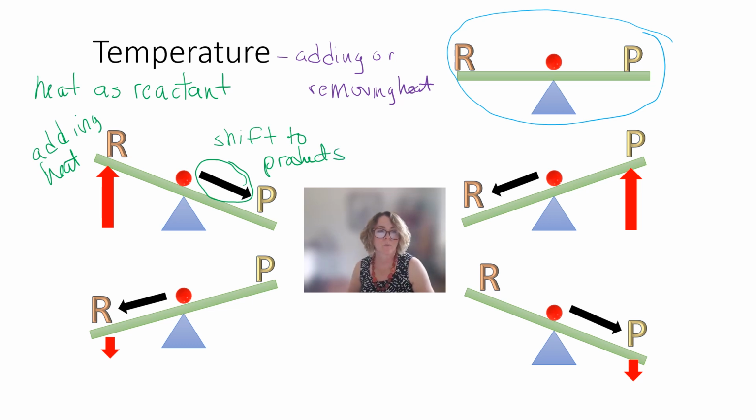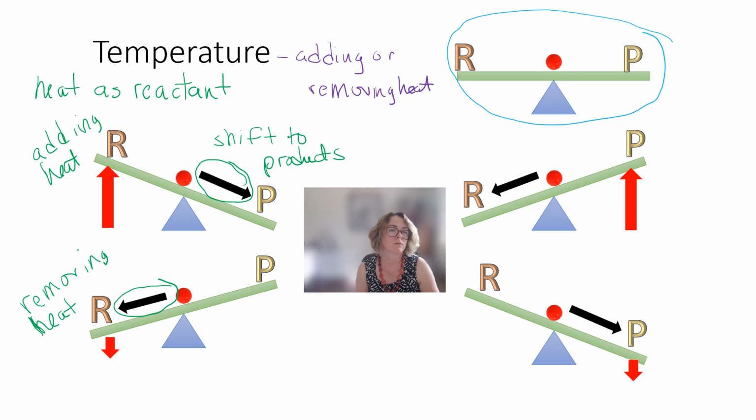Again, if heat is a reactant and I decrease heat, so I would be removing heat, I am causing that ball to roll towards R, right? So I'm shifting my equilibrium to the reactants.